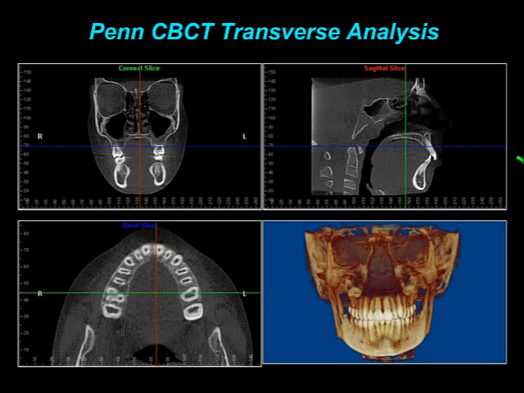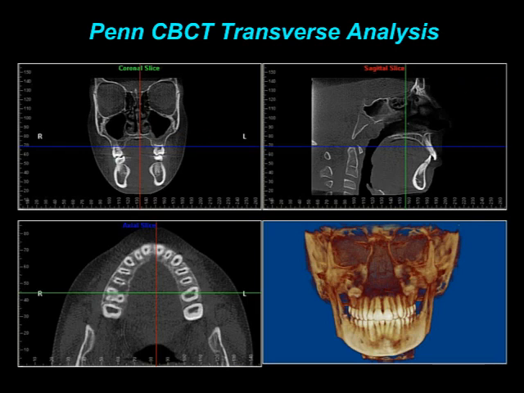When we came to determine what this relationship is, we took cases that were like this. Now this was an untreated case that when we looked at the cross sections, we can see that both the maxillary and mandibular teeth are upright, centered, and well intercuspated.